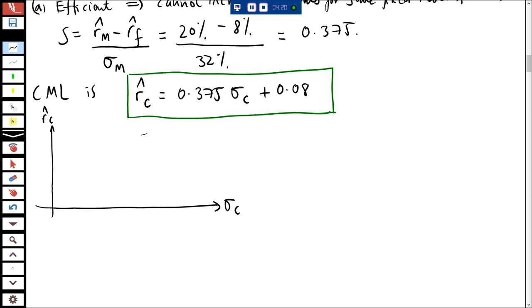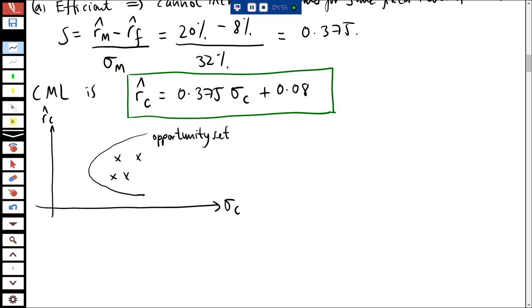So let's assume this is the opportunity set for some risky assets. So we got some individual assets in here, and we take a portfolio of them. We're looking to maximize the expected return on the portfolio. And the capital market line, the market portfolio, is tangential to this opportunity set.